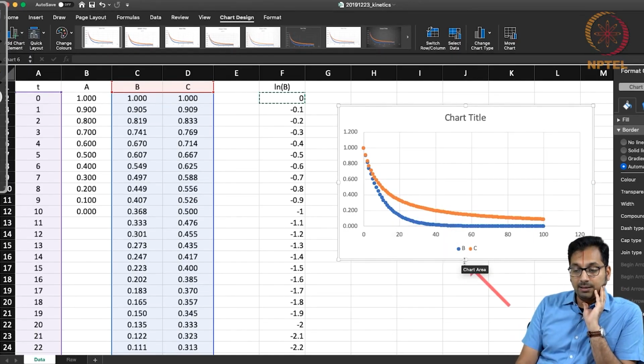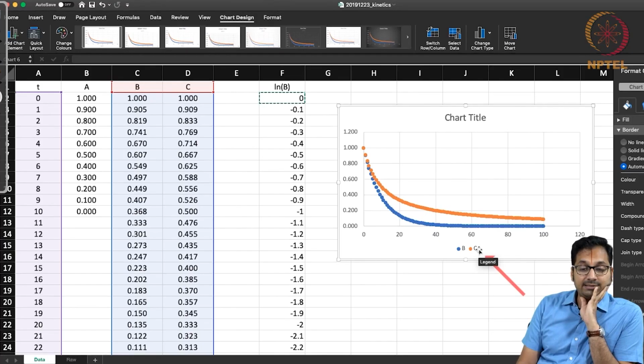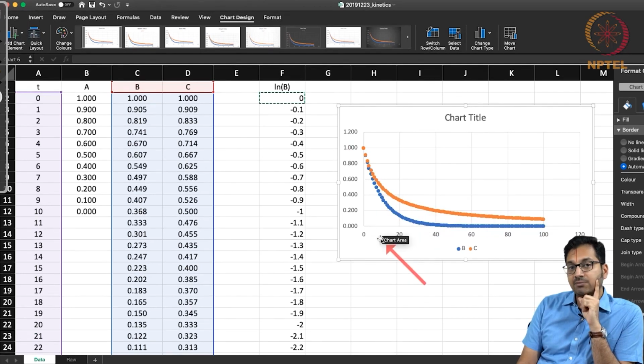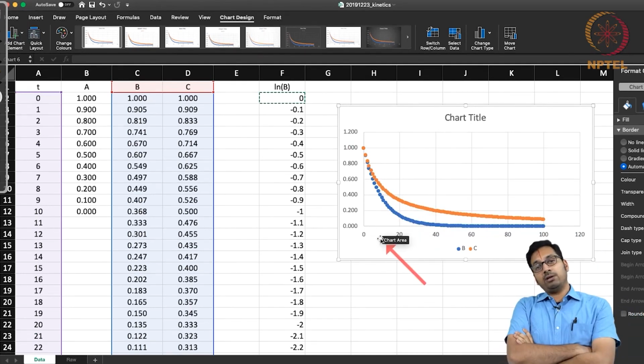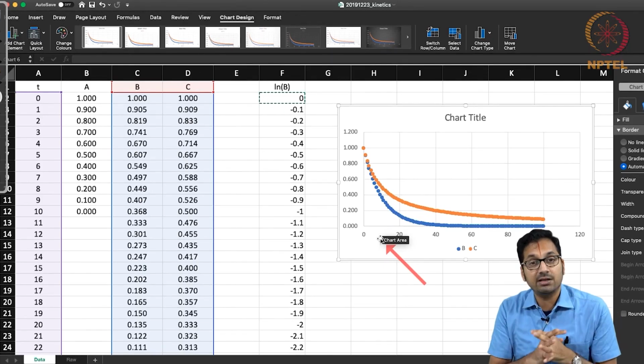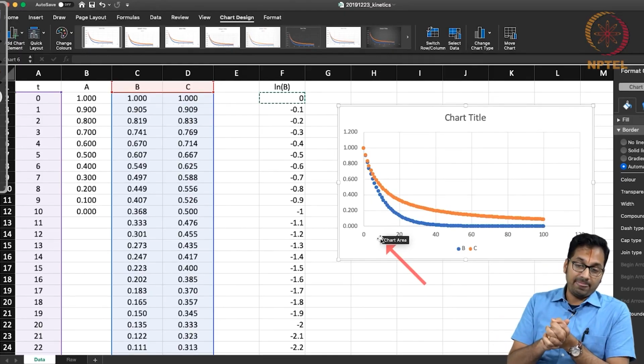The blue is the fit for the first order equation that we just did, and the orange dots are the one for the reaction that we are trying to figure out. What you are able to realize is that both seem to have a beautiful progression, and they seem similar. One can always argue that this could be a first order reaction with a slightly different rate constant, maybe a rate constant that's smaller than what we saw.